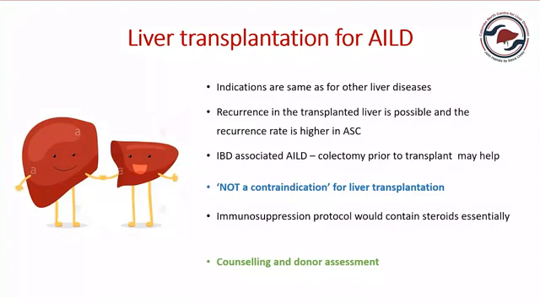Lastly, but importantly, in view of liver transplantation, counseling and donor assessment is very, very important. What do I mean by it? If you see a child with autoimmune hepatitis at first presentation, and the child has significant transaminitis and the biopsy says some degree of fibrosis, as the starting point you would get the disease under control and do all the other things.